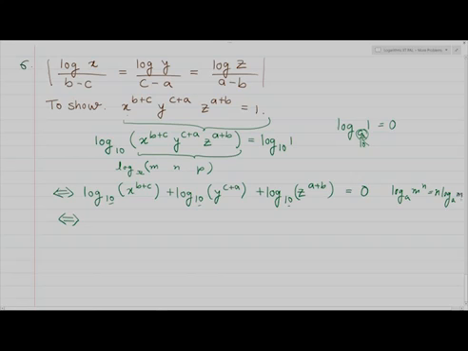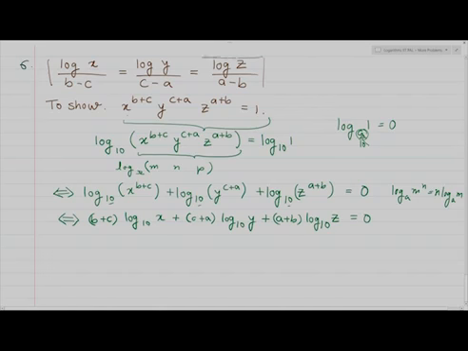So I will use the power law, which will give me b plus c log to the base 10 of x, plus c plus a log to the base 10 of y, plus a plus b into log to the base 10 of z is equal to 0. Right. Now you just look at this expression.